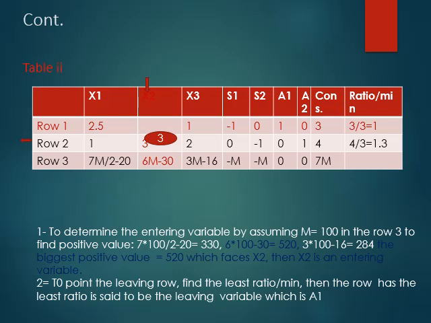The row that has the least ratio is said to be the leaving variable, which is A1. Okay? Which is A1.